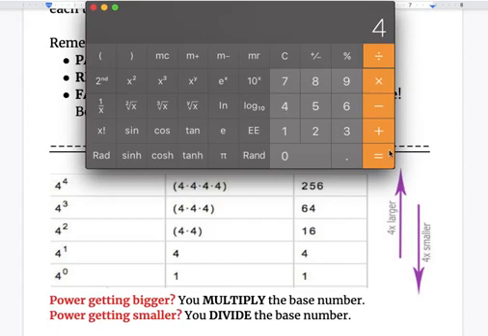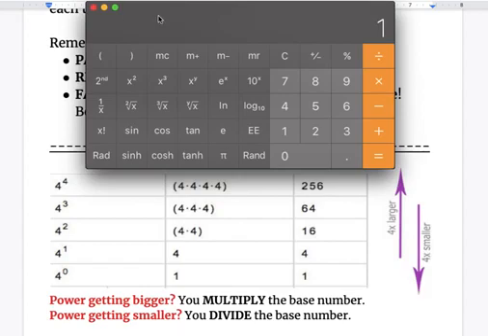So each time you would divide by 4, because you're getting 1 less 4, to get these numbers. Divide by 4 to get to that 4, divide by 4 to get to that 1. So moving upwards for your power, you are multiplying the base number an extra time. Moving downwards for your power, getting smaller, you would divide that base number 1 time.